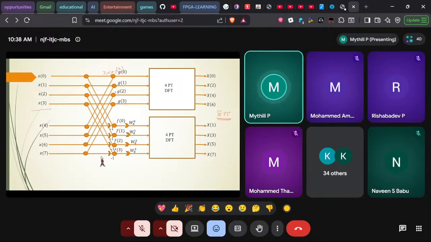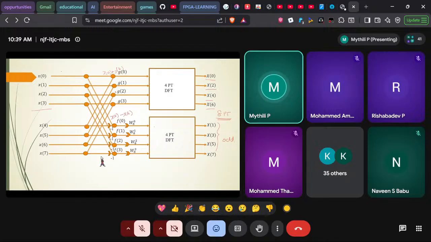And at this point you are subtracting: x of 0 minus x of 4 and so on. Before taking the 4-point DFT, we are multiplying with the W's, W8 of 0, 1, 2, 3. Then you take two 4-point DFTs, and at the output you see you get all the even parts on the first 4-point DFT, and these are the odd parts of the spectrum.